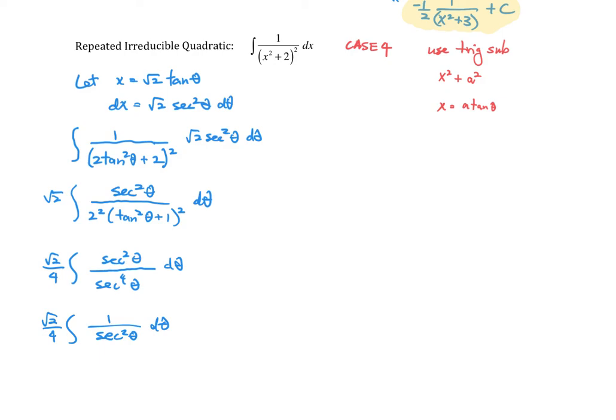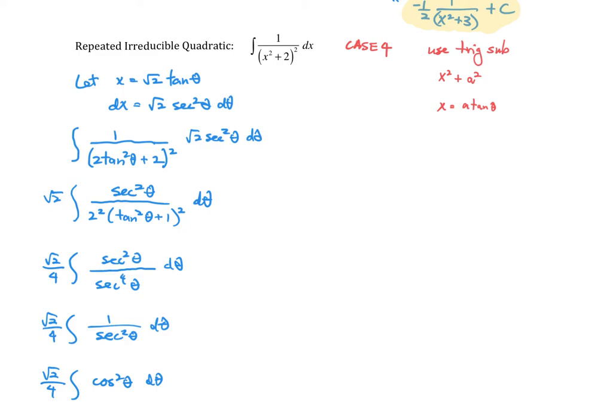We know that secant squared is really 1 over cosine squared. So this integral basically becomes the square root of 2 over 4 times the integral of cosine squared theta d theta. Now, how do we integrate the cosine squared integral? Well, this is when we have to use the half angle formula.